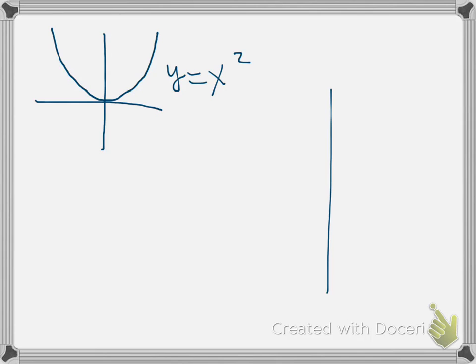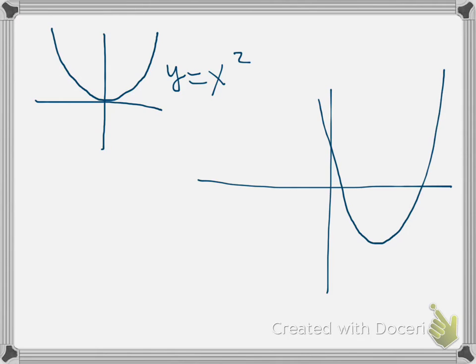And then let's say that we took that parabola and we moved it right and down, and that this point right here was 3, -4. And I wanted you to write the equation of this new parabola.